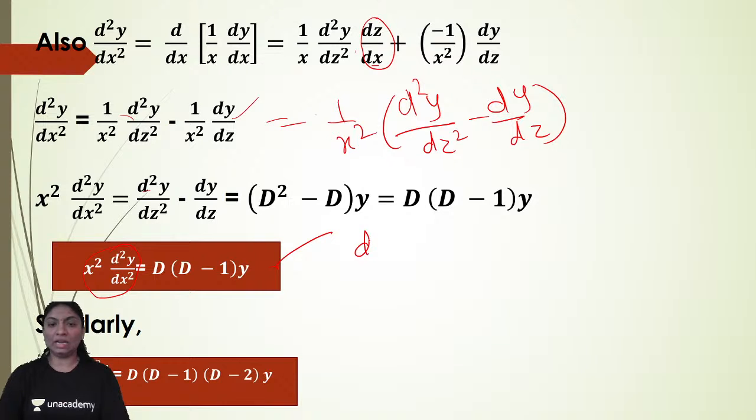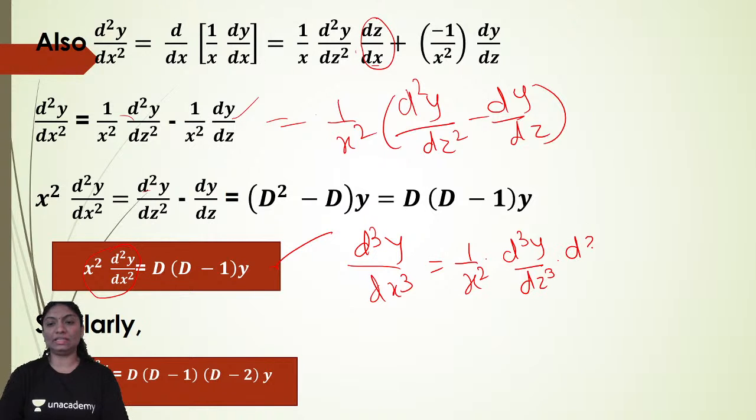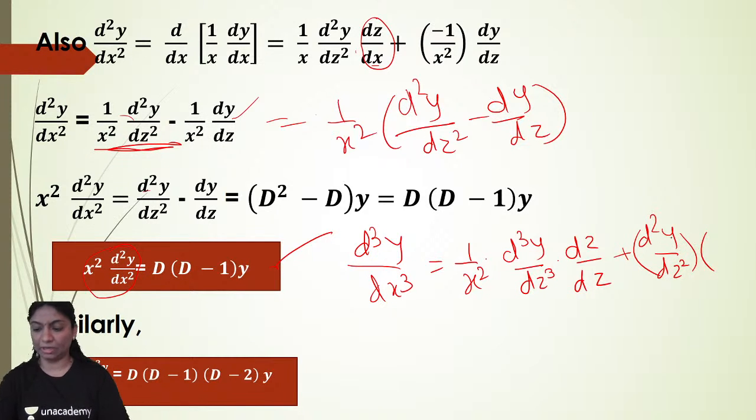I am explaining here only: d cube y by dx cube is equal to d by dx of 1 upon x square into d cube y upon dz cube into dz by dx, plus, I am only finding out the derivative of this multiplication term, d2y by dz square into the derivative of 1 upon x square.